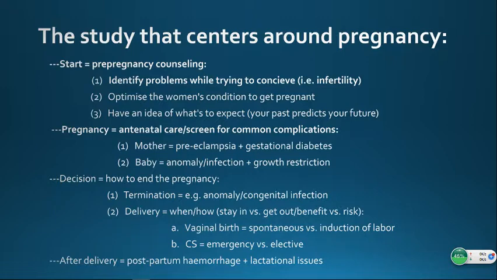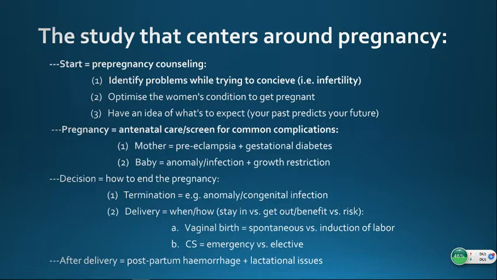So the exact timing of delivery will depend on two things. Number one, the severity of your complication, and number two, whether your control is good enough. With good control, you can have the baby born at 37 weeks or even 38 weeks, so a term baby.